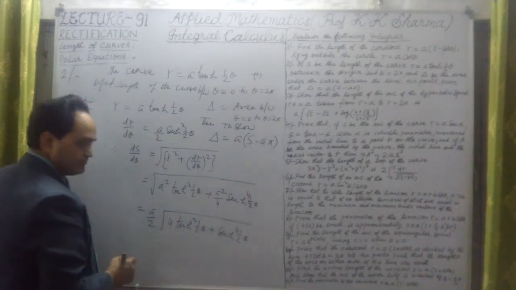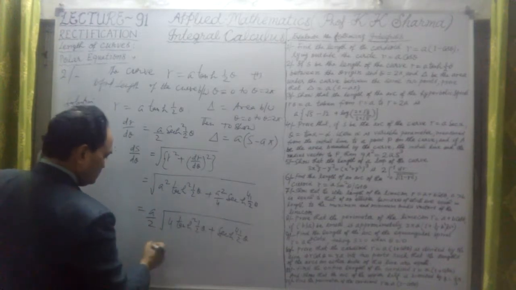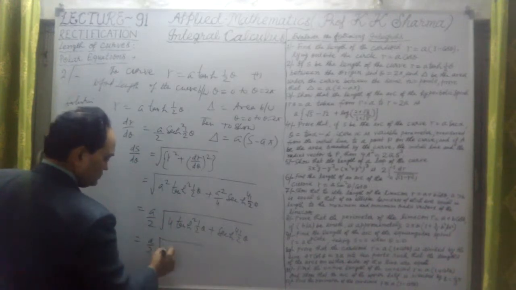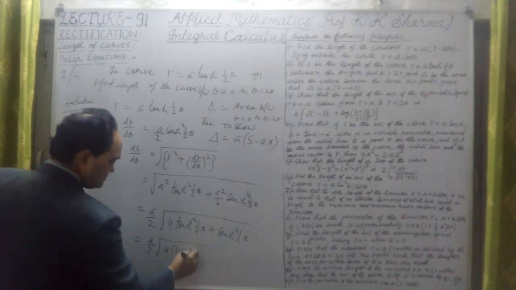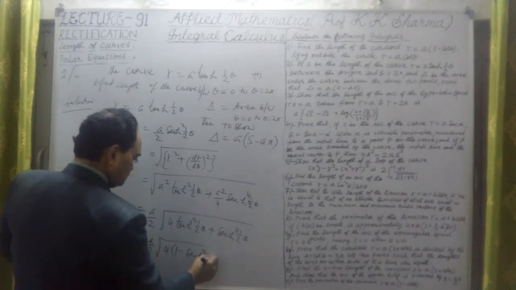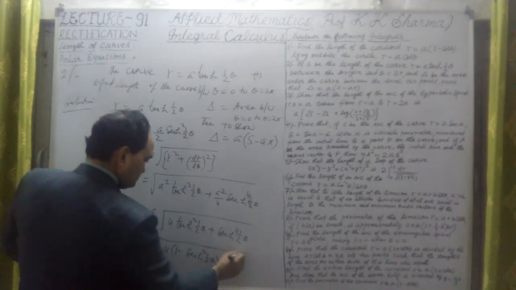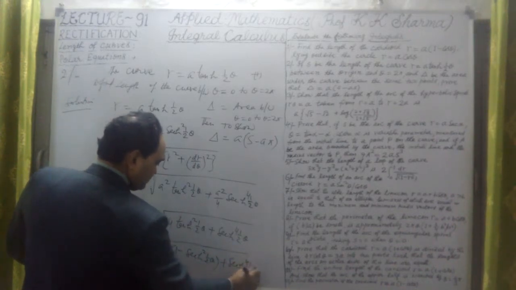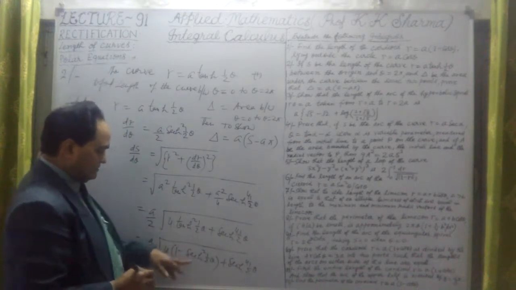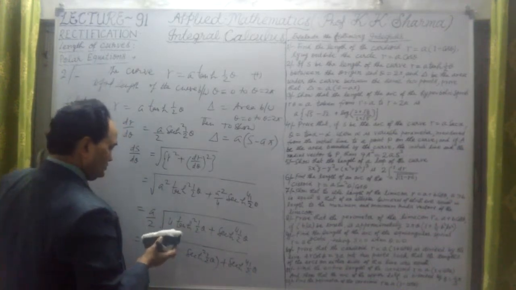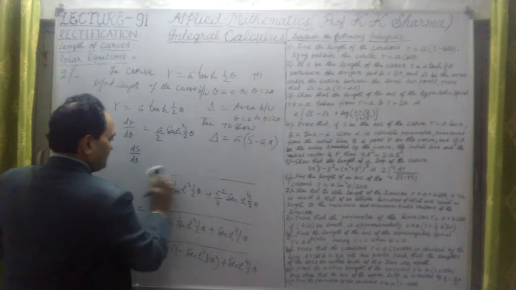If I convert tanh square theta into sech, that will be 4 into 1 minus sech square theta by 2 or 1.2 theta, plus this is sech to the power 4 of 1.2 theta. If I multiply this by 4 into this and then solve it, so now let me solve it here.